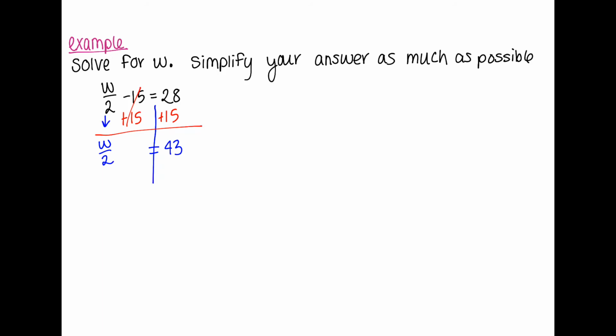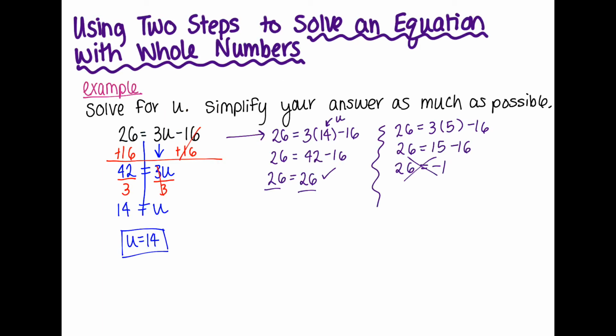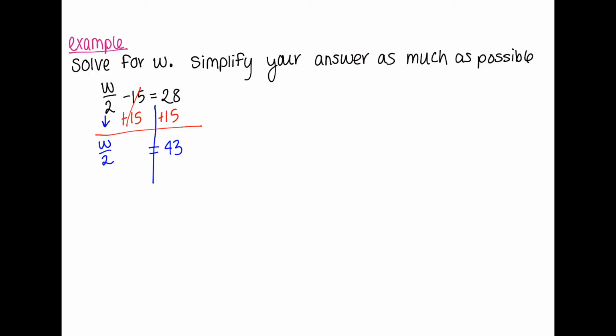If you had, in this other case over here, 3u is equal to a number, we divide by 3. But if you have a number in the denominator right underneath your variable, instead of dividing both sides by that number, you multiply both sides by that number. When you multiply by 2 here, it ends up canceling those 2's out.